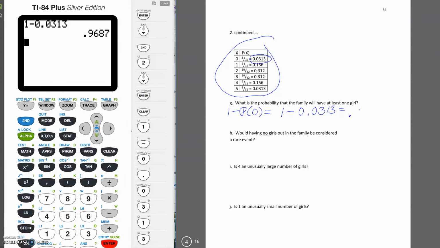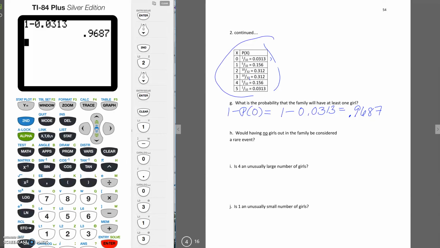So here we'd get 0.9687. That's our probability of having at least 1 girl. The other way we could have done that would have been to add 1 or more girls, so to add the probability for 1, 2, 3, 4, and 5, and that would have given us the same answer.